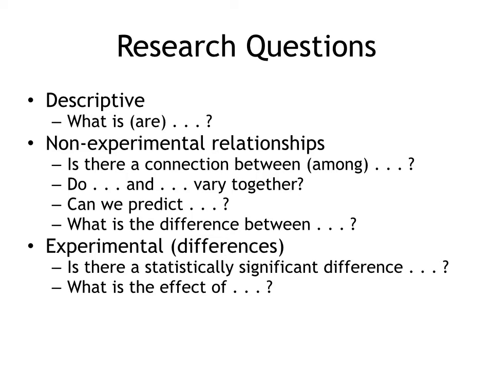Now, if you're going to get into non-experimental relationship questions, you're asking if there's a connection, or does one thing vary with another, or can we predict? Some examples would be, is there a relationship between zip code and reading proficiency? Or as teacher experience increases, do student achievement indicators increase also?